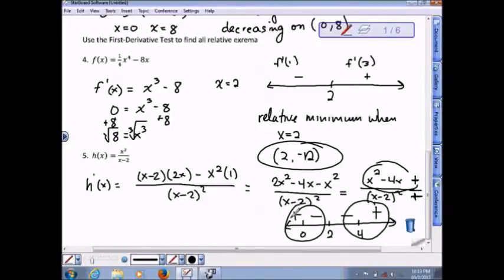So here the function is increasing, but then at x equals 0, it starts to decrease. So that has to be a maximum, right? So there's a maximum when x equals 0. Then here, because it's switching from a decreasing function to an increasing function, when x equals 4, we have a minimum.